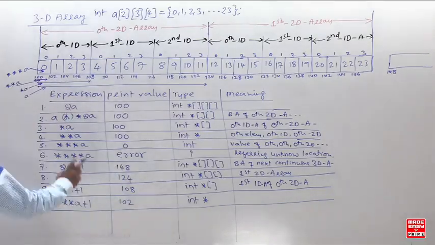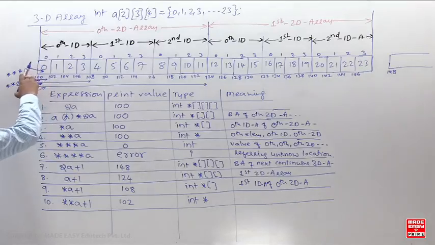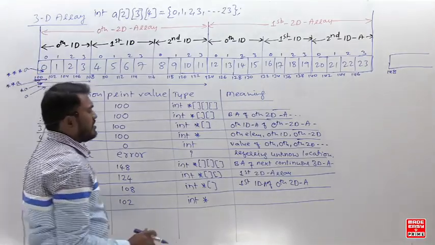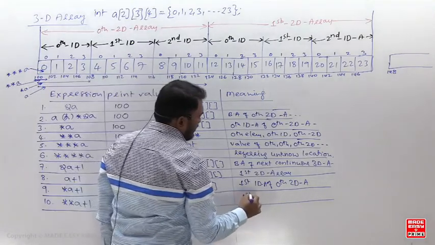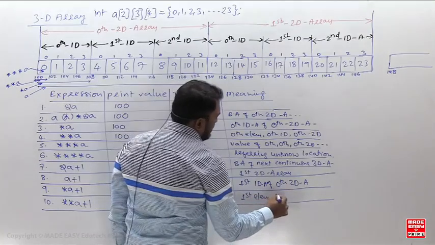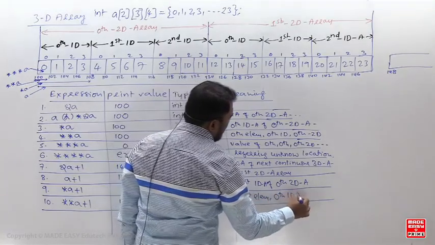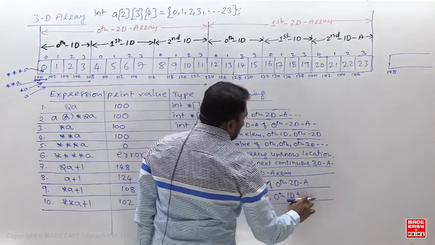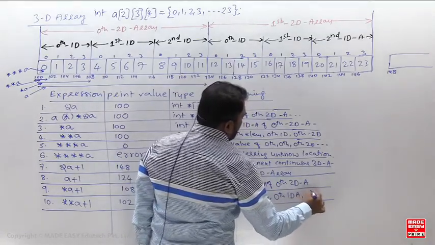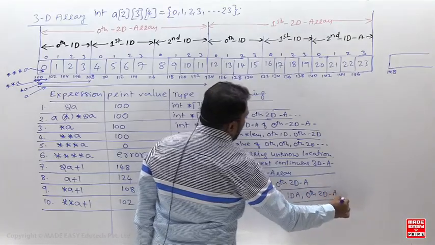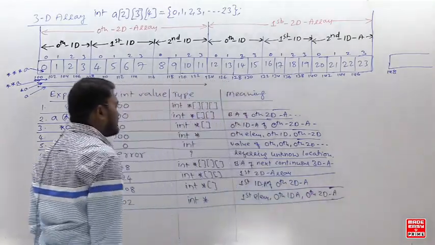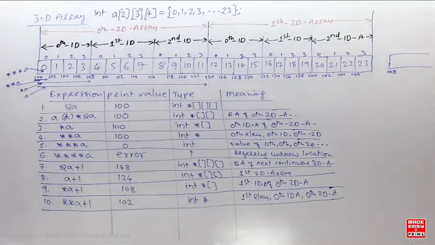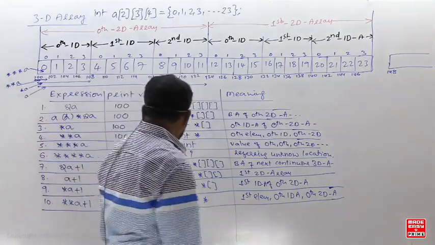Look here, it went from 100 to 102. So it is the base address of the first element of the 0th 1D array of the 0th 2D array.